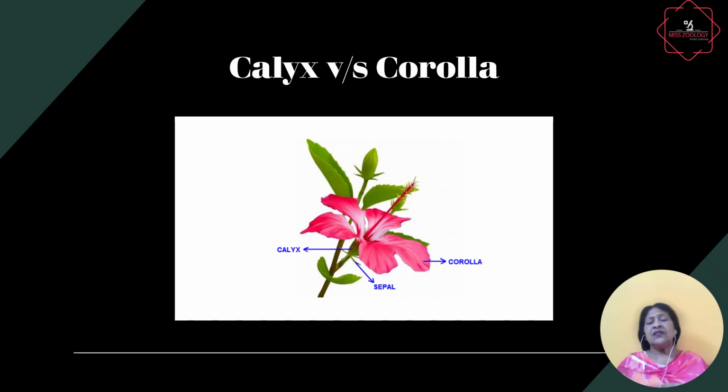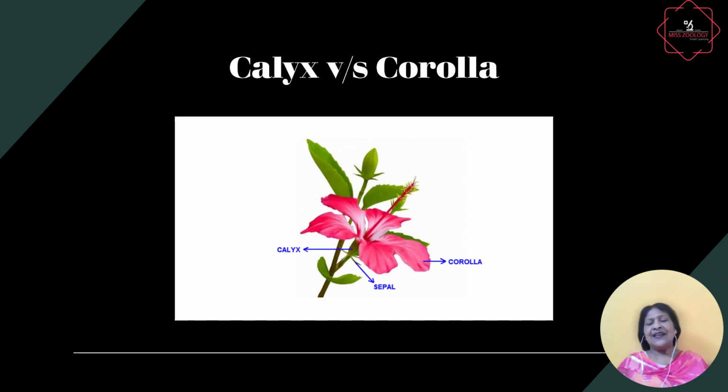Then the next point we would discuss is on its color or its functional activity. Coming to calyx, calyx are generally green in color. That's why they are capable of performing photosynthesis. But corolla are mostly brightly colored, and thus their function is to attract pollinating agents. I think these two points would be enough for making the differences.